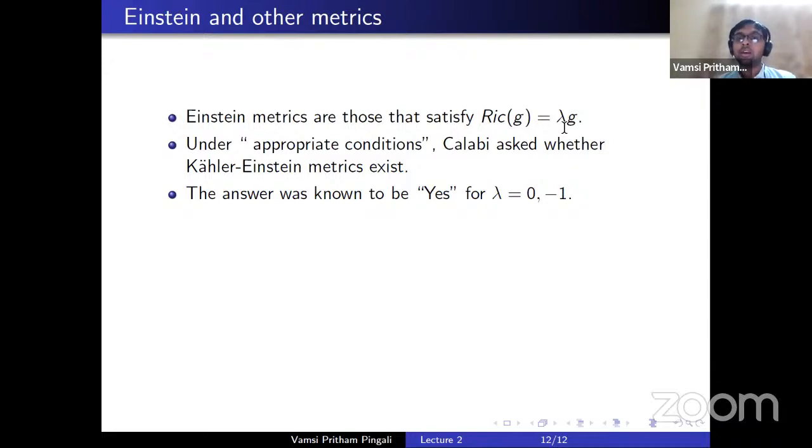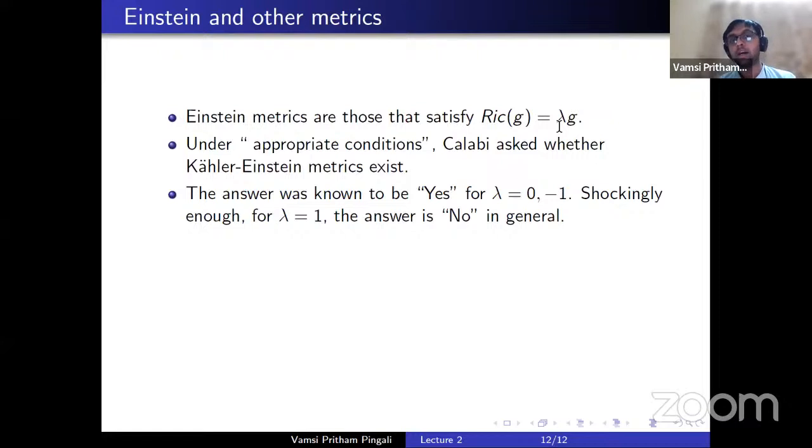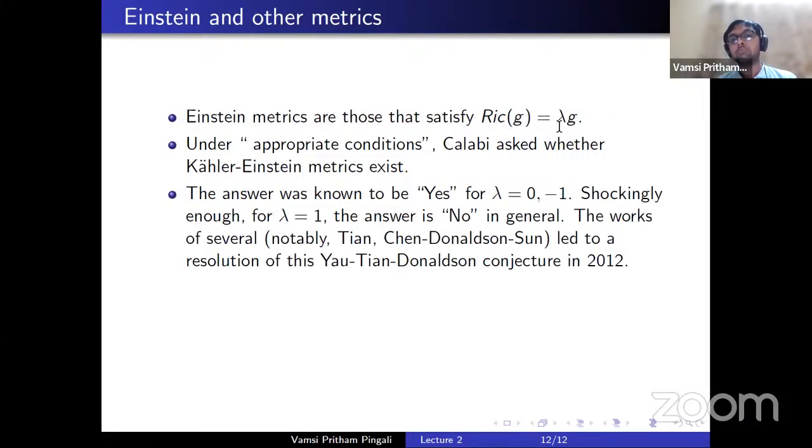When lambda is +1, shockingly enough, the answer is no. And this was done relatively recently, a decade ago. The works of several people, notably Chen, Donaldson-Sun, and Tian, led to a resolution of this Yau-Tian-Donaldson conjecture.